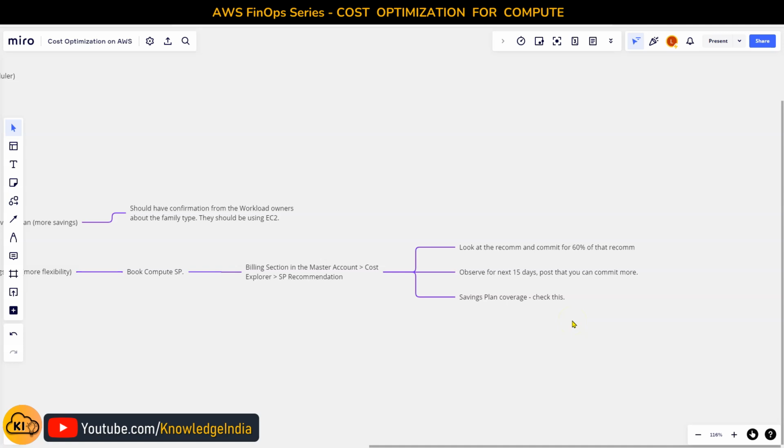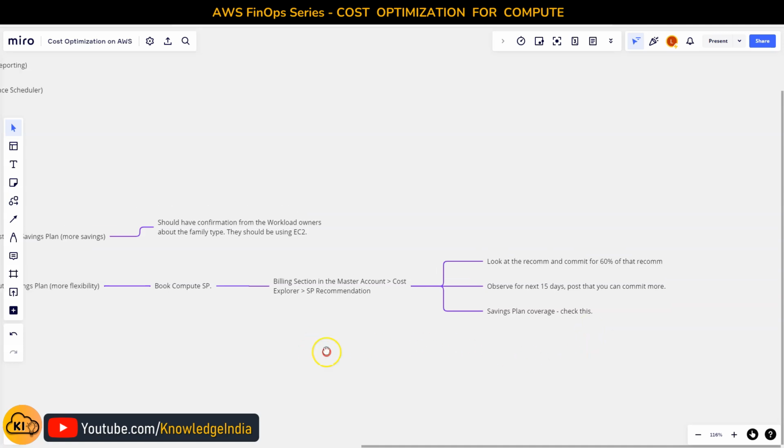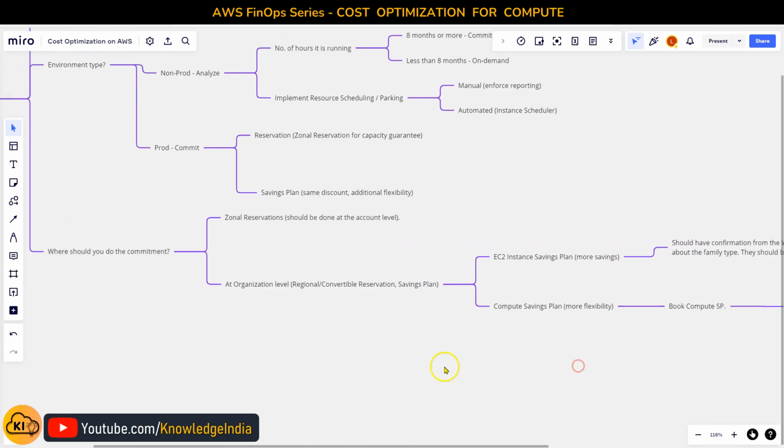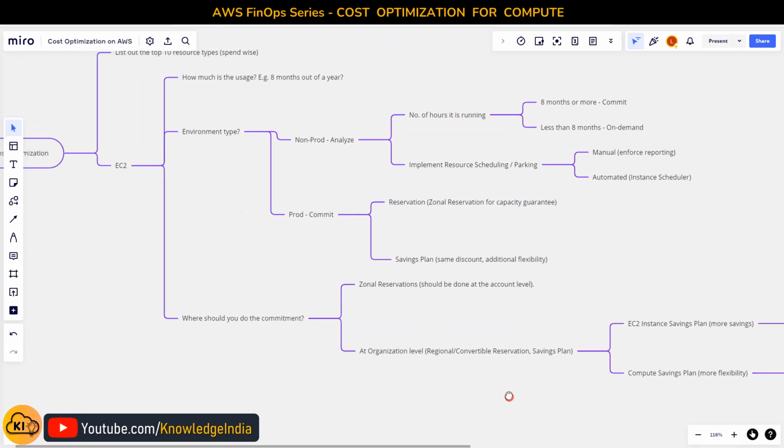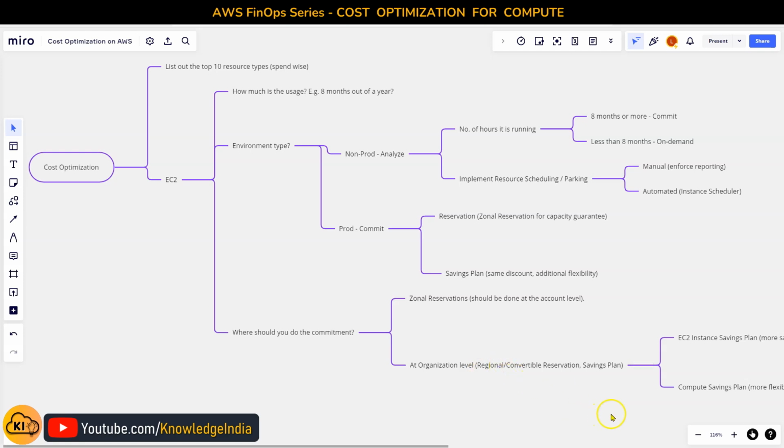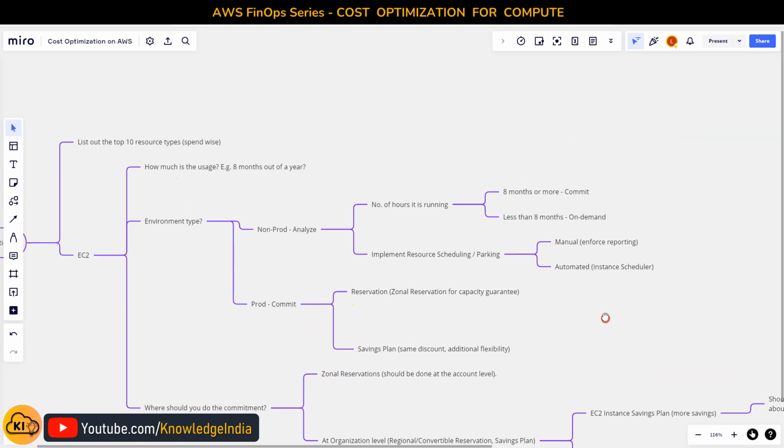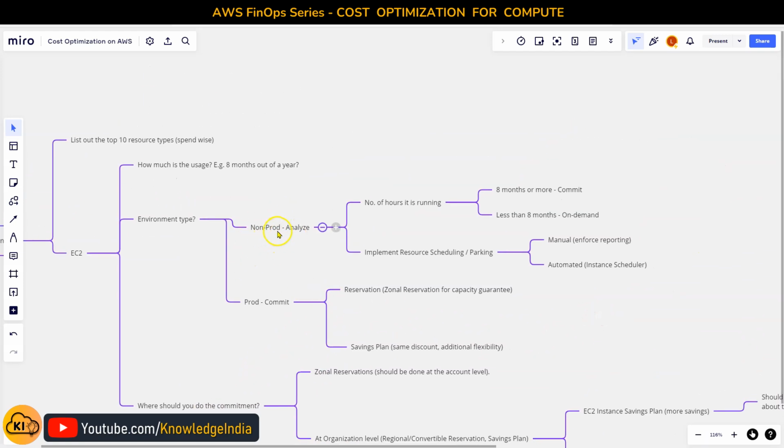So this was one part, right? If I take it back here, we have this whole mind map which we wrote. Now, after the commitment, we also discussed the non-prod here. In case of non-prod, we said you need to make sure that you are stopping the resources, you are parking the resources. That's very important. How to do that?